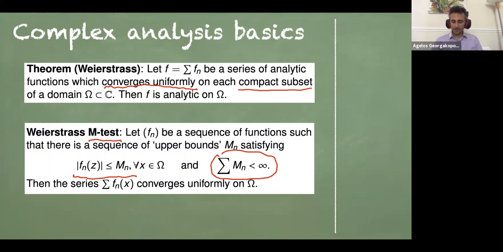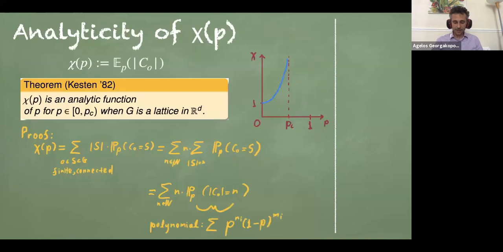All right, now let me go back to my previous calculation. It's the same thing. We have these polynomials, and we would like to find good upper bounds on them so that the sum of the upper bounds is summable. So I have this sum of polynomials, the probability that the cluster has size n.